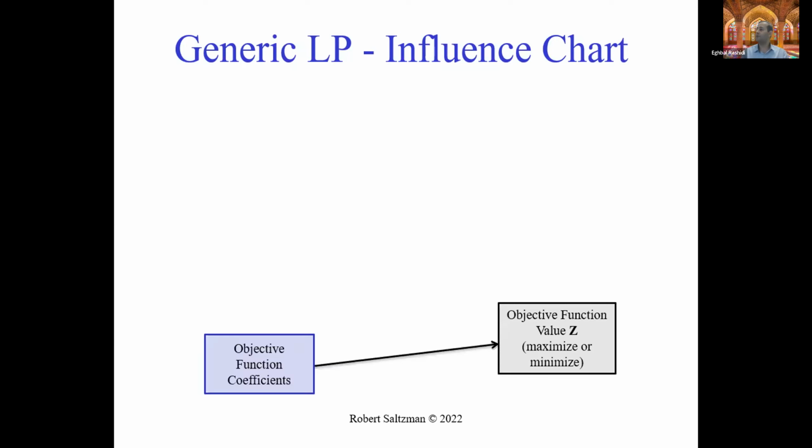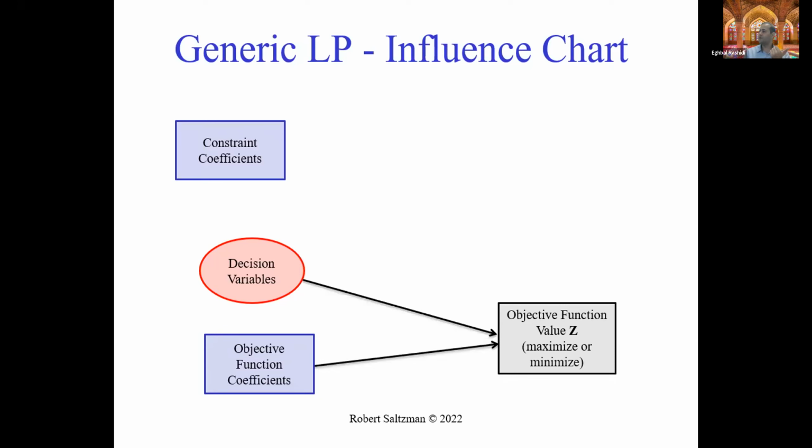We know that the objective function coefficients, which are the prices and also the rate of return, influence the total return after a year. The other one is the decision variables, A and B, how many of stock A and B we purchased. That also defines our objective function value. And also the constraint coefficients, which impact the left-hand side.